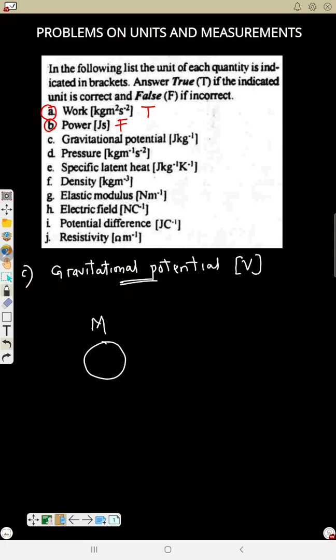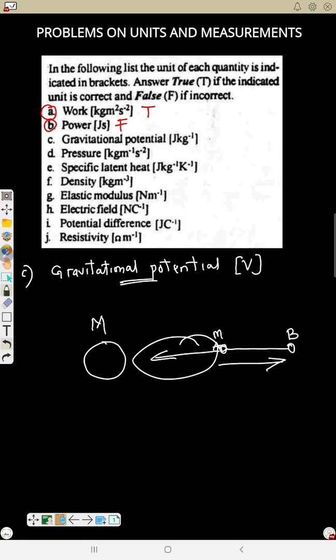Now if I have another small ball, let's call this small m, present in that gravitational field, and I change its position from first position A to point B, this small ball will be attracted by the other ball, so it tends to move towards this direction. But now I'm forcing it to come towards this direction.